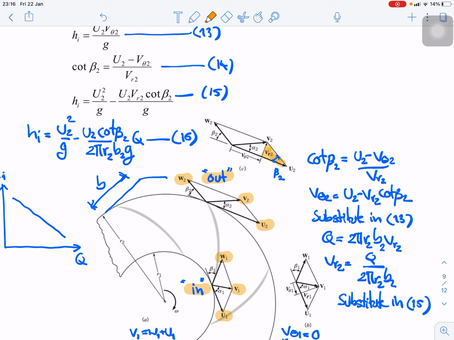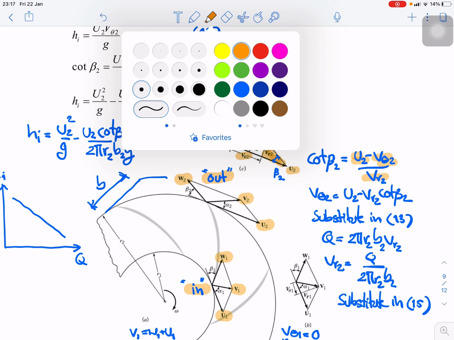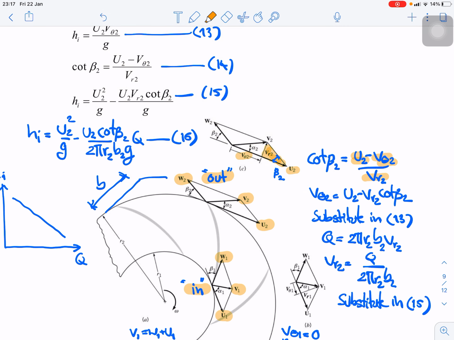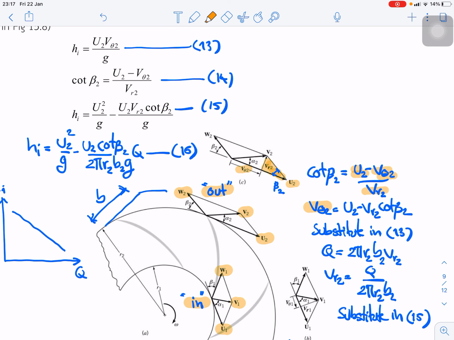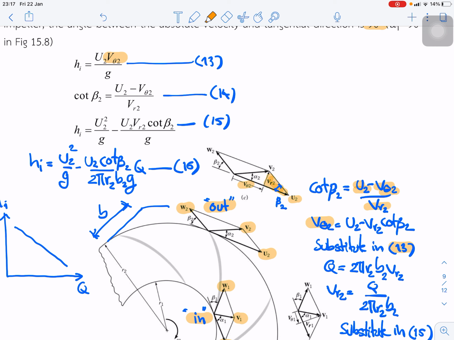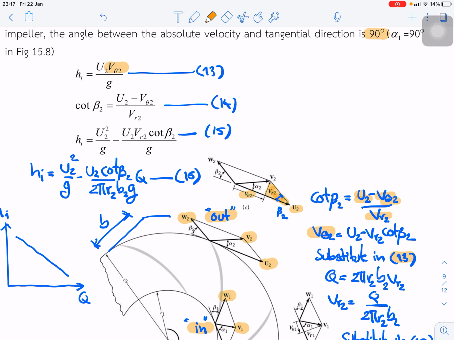If we write the equation for this triangle, we can write that cos beta 2 equals the difference of U2 minus V theta 2, divided by V r2, which is in the middle. So we can rearrange to get V theta 2 and substitute it in equation 13. So we get equation 14 with cos beta 2.